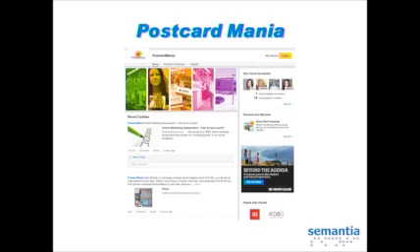And the groups that they actually joined were ones that targeted or contained the small businesses that were their target market. So it was groups to do with floristry, photographers, financial advisors, that sort of thing. So people that were most likely to want to do a postcard marketing activity.